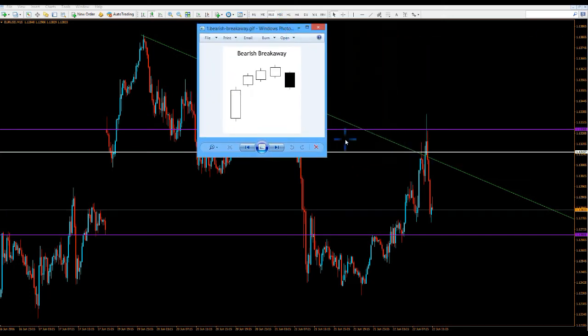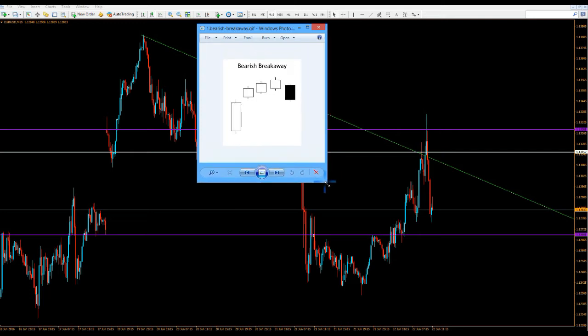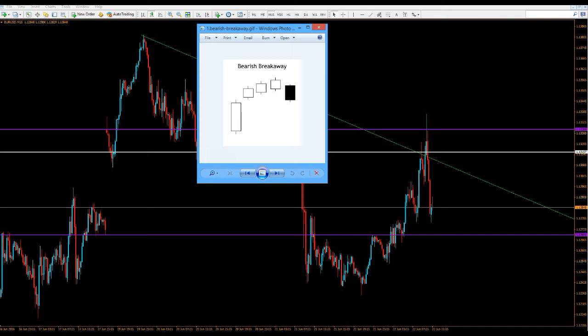I'll show you the pictures here, we can focus on them. Bearish breakaway is the first one. As I said, this pattern can be found in an uptrend, preferably near a resistance line, where price has created a high, a peak or a top, a higher high where it's overbought, for example.